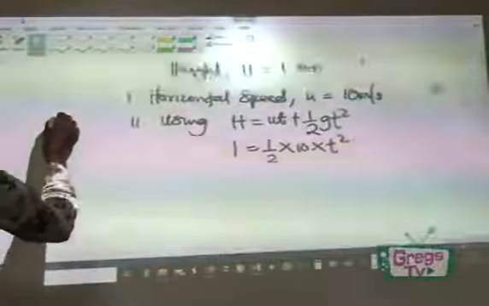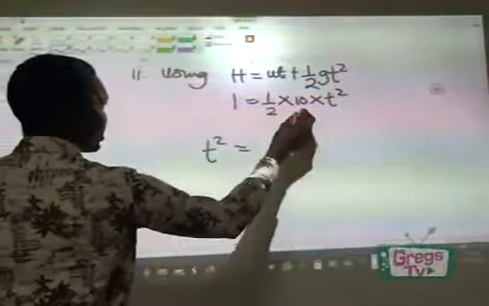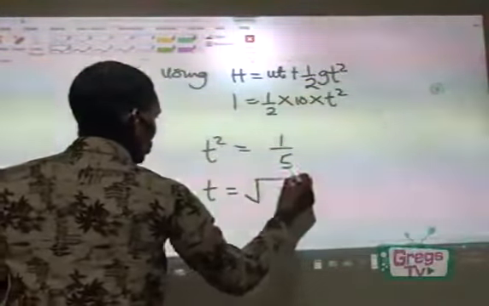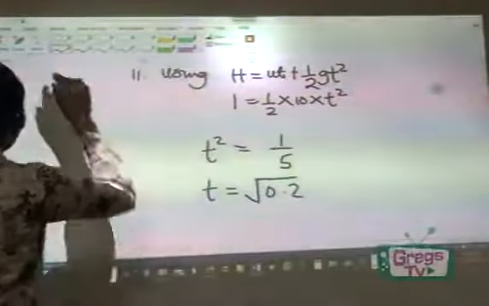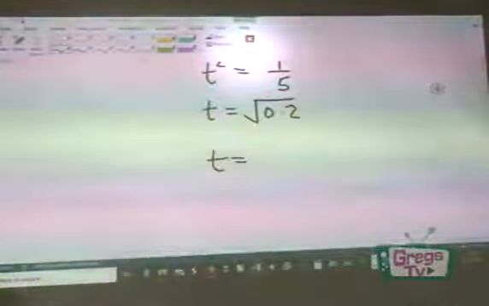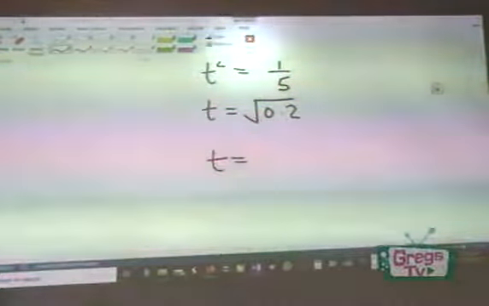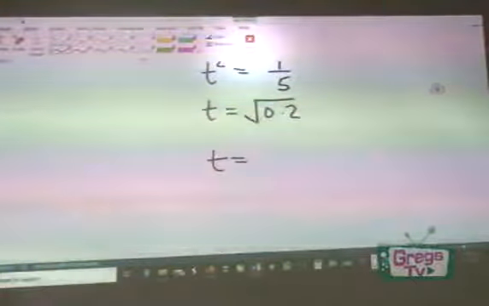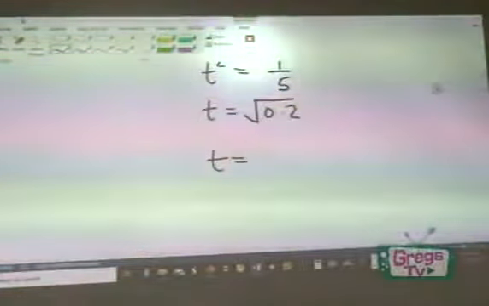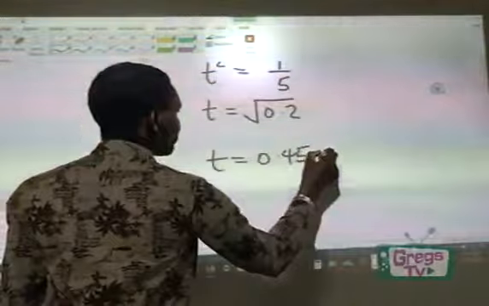That means t squared equals 1 over 5, so t equals the square root of 0.2, which is 0.45 seconds.